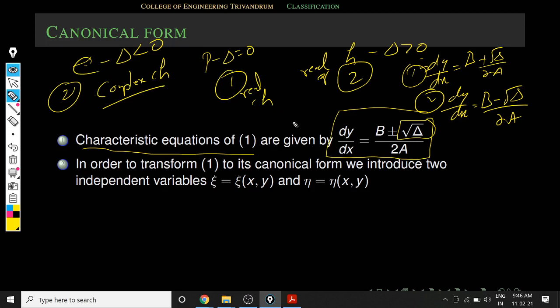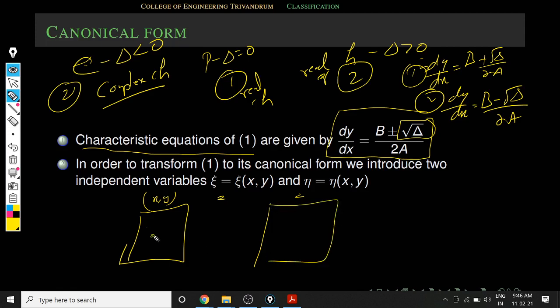With the help of these characteristics, we define two new functions, psi and eta. As I already mentioned, our aim is this: we have a PDE with independent variables x and y, and we are trying to find an equivalent PDE in the new variables psi and eta.